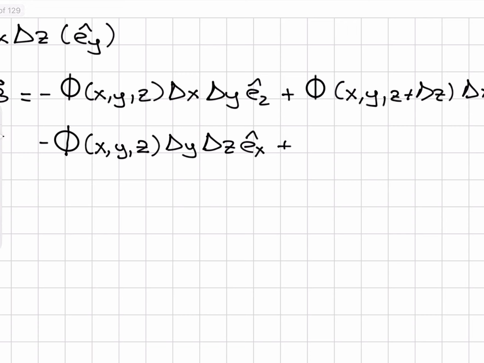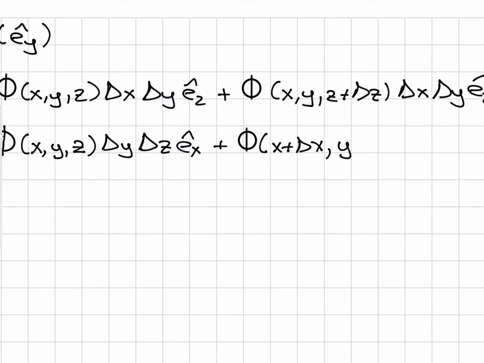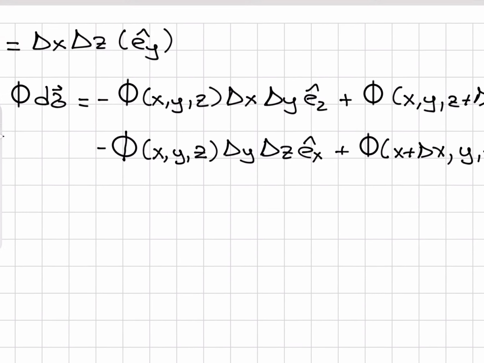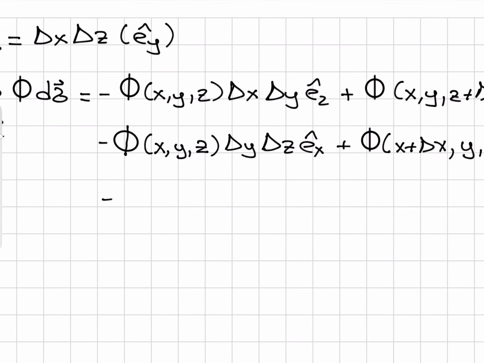So this will be plus phi evaluated at x plus delta x, y, and z, delta y, delta z in the e_x hat direction. And for surface 5, I have minus phi(x,y,z), delta x, delta z in the e_y hat direction.